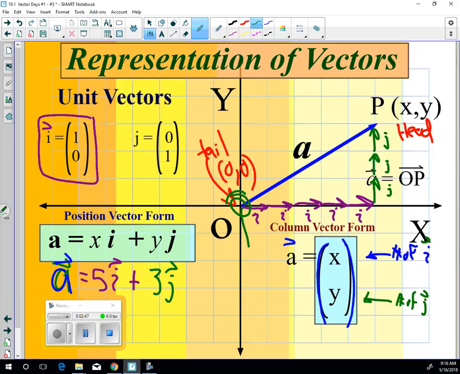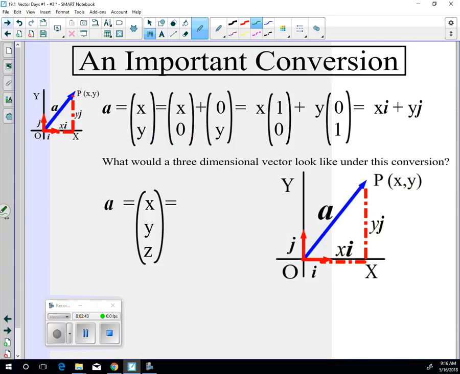That's important. And so we can prove how these are connected by taking this vector A, and we'll take this as the column vector form here, and we're going to break it into x, 0 and 0, y. So this is going to be my x of the i unit vectors and y of the j unit vectors. One more time.